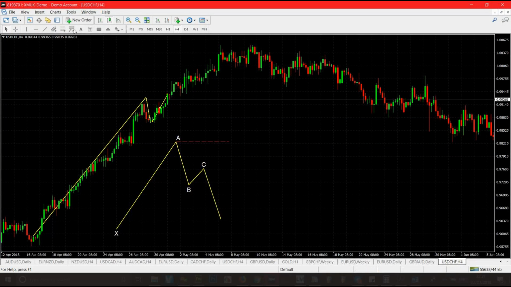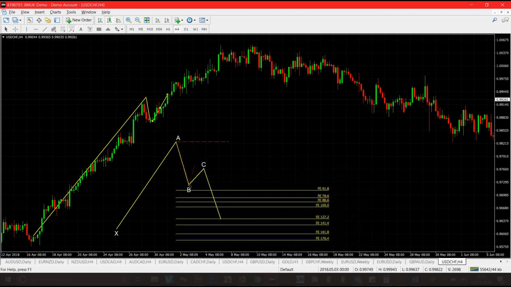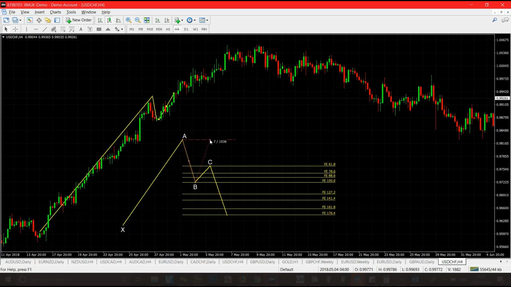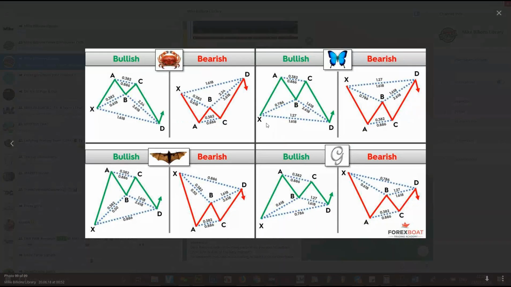You can pick your extension from A to B, and then back to A. So now, if you were to use your extension, that is what it's trying to say. It's going to be between your 88.6, your 128, 161 to 261.